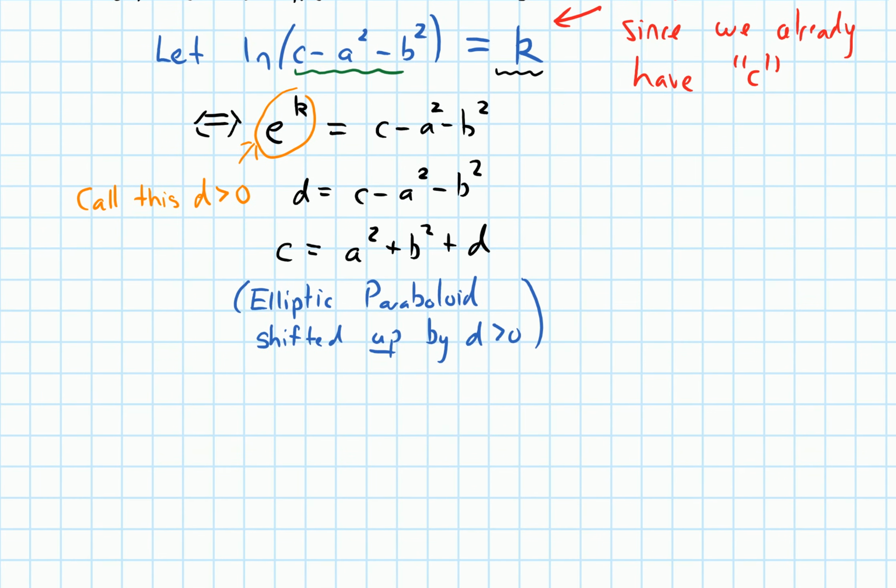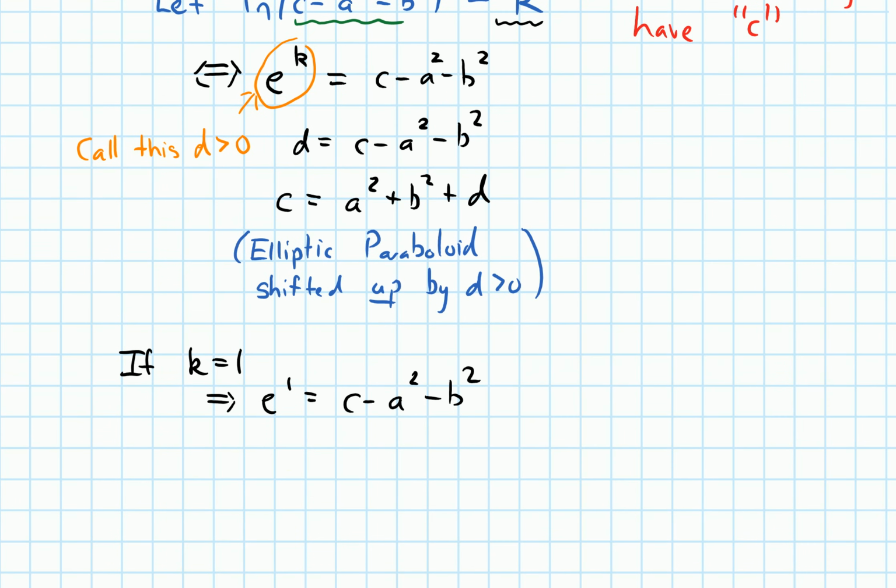For example, what if we let k equal 1? Then we end up getting e to the k, which is just e to the 1, equals c minus a squared minus b squared. So I'm setting my function equal to 1 here. Now if I isolate c, we get c equals a squared plus b squared plus e.